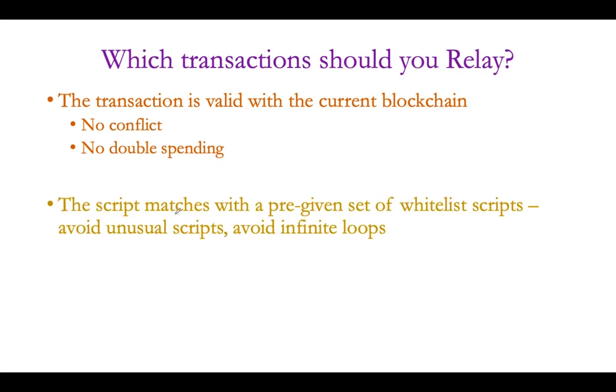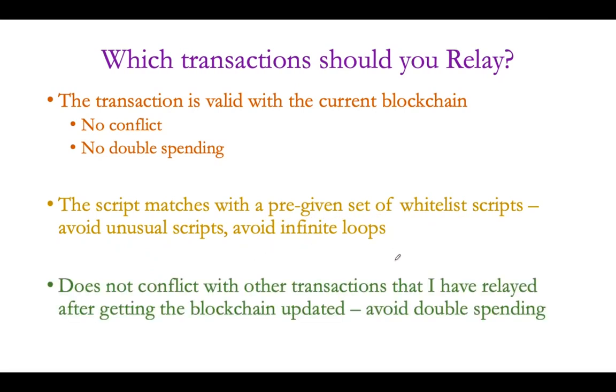The script matches a pre-given set of whitelisted scripts, which avoids unusual scripts and avoids infinite loops when executing those scripts on the machine. So that does not conflict with other transactions, so that I relay after getting the blockchain update, which will avoid the double spending of that transaction.